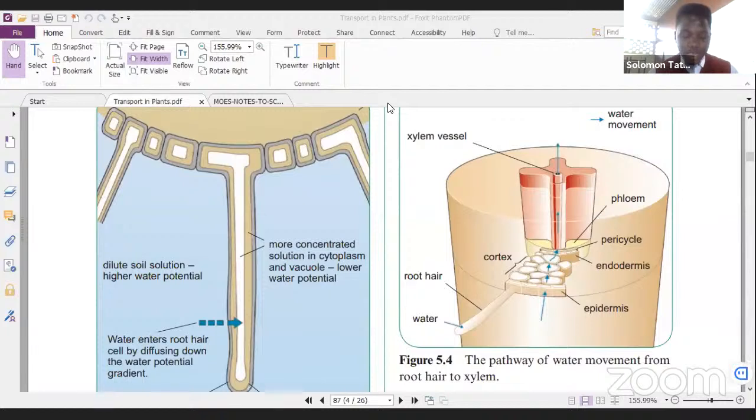Who would love to explain to us why is it that plants do not need things like hemoglobin?